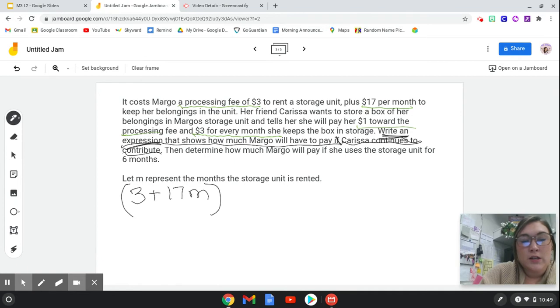But she gets to subtract some of that. She takes away the $1 that Carissa paid her for the processing fee, plus the $3 per month that Carissa gives her.